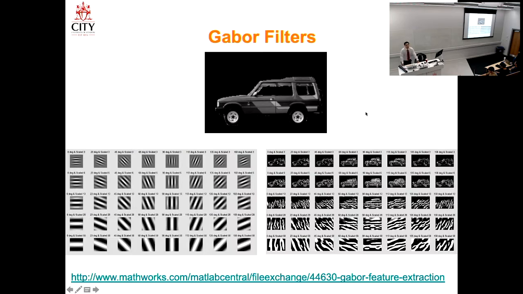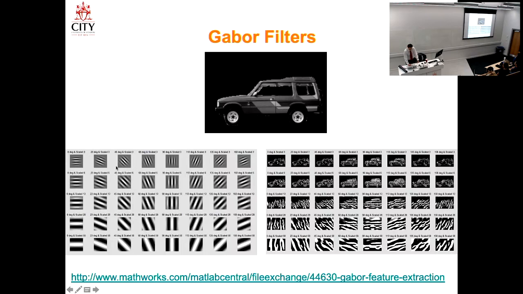So if I want to understand which orientation a particular edge in an image has, I can apply Gabor filters of different orientation, right? And for each of them, see the response here. And if, say, a vertical one here is higher, then I say this pixel is most probably on a vertical edge.